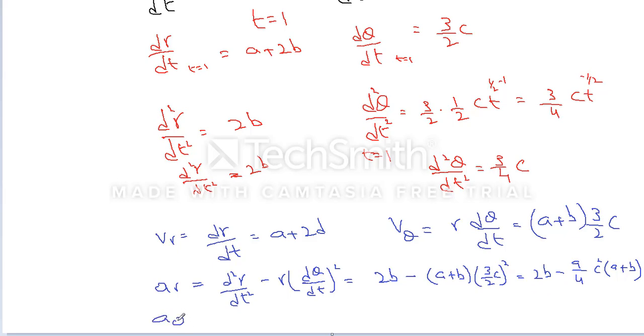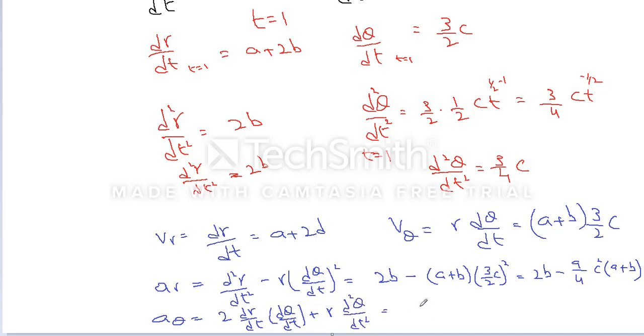and the transverse component of acceleration is equal to 2 dr by dt and d theta by dt plus r d square theta over dt square.